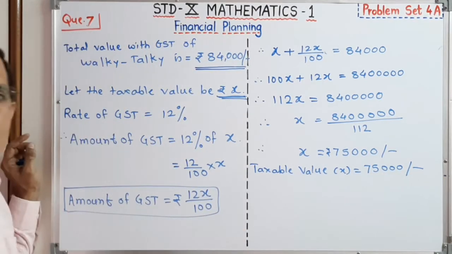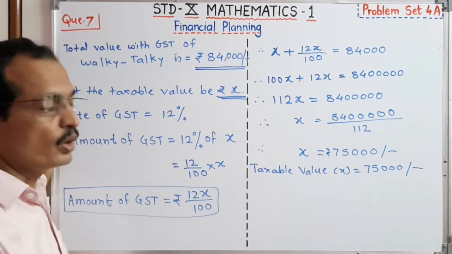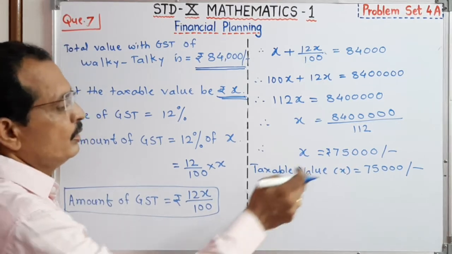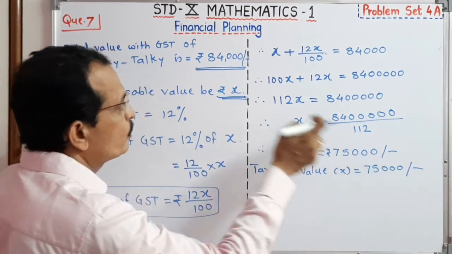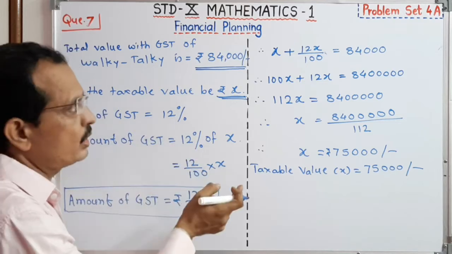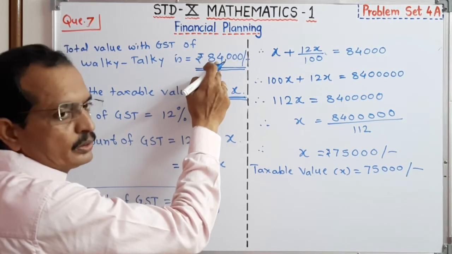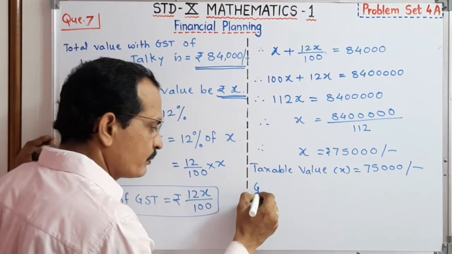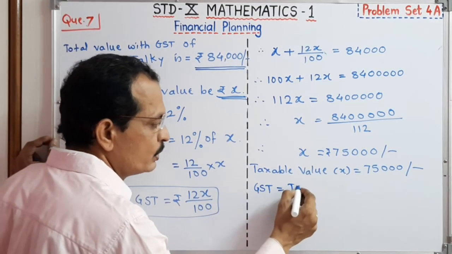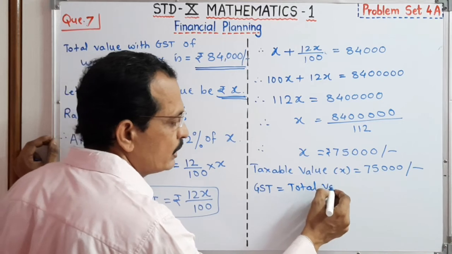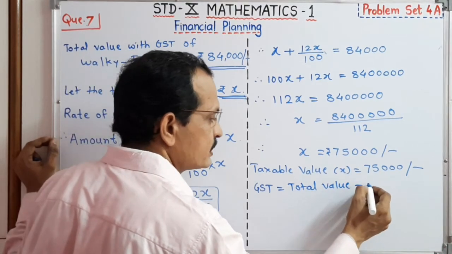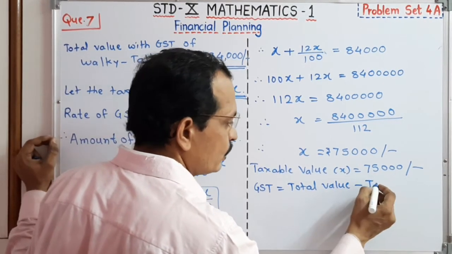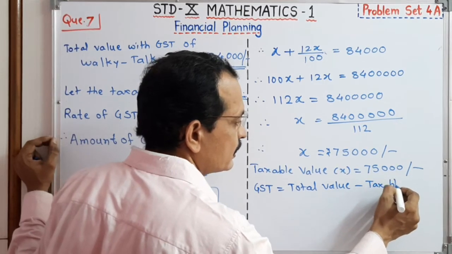Now dear student, we have to find out GST. For simplicity, on this 75,000 we can find the 12%, or we know the total amount and we know the taxable value, so we can find the GST. Therefore GST is equal to total value minus taxable value.